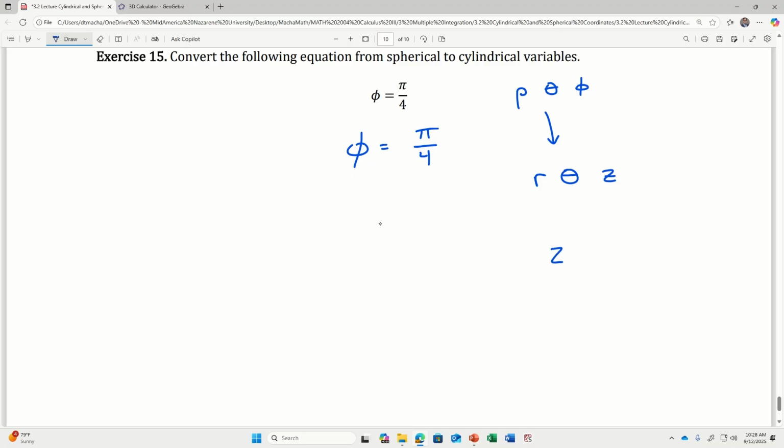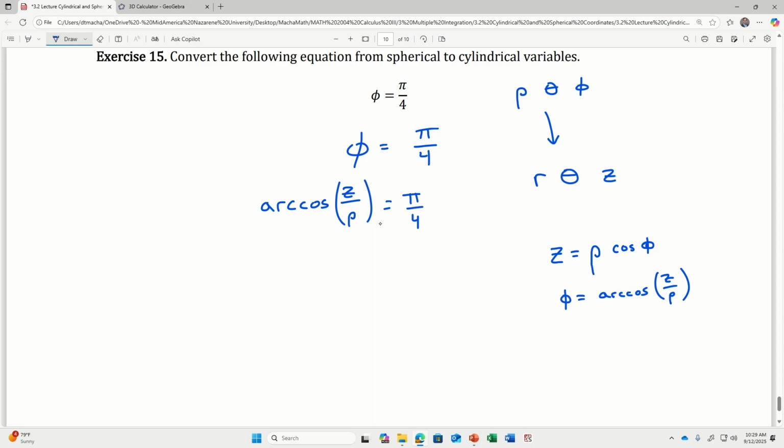So one thing I might dream up is that z is equal to rho times cosine of phi. And that means phi must be equal to the arc cosine of z divided by rho. So we might write arc cosine of z divided by rho equals pi over 4.